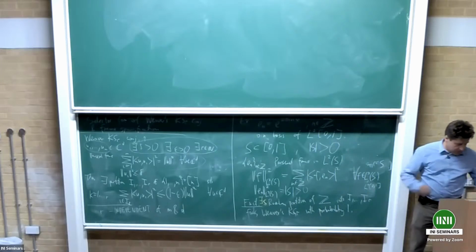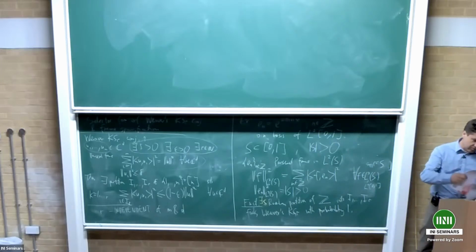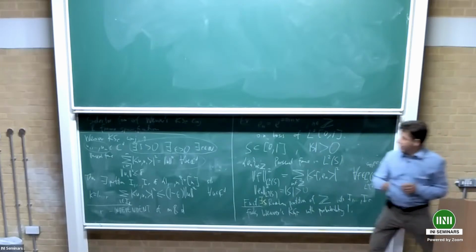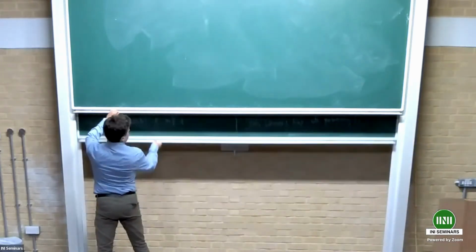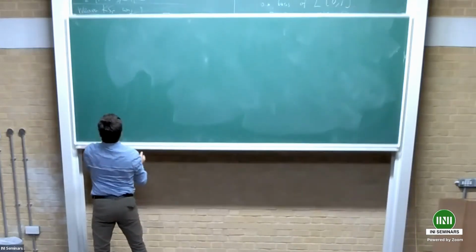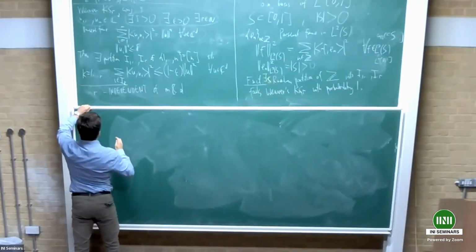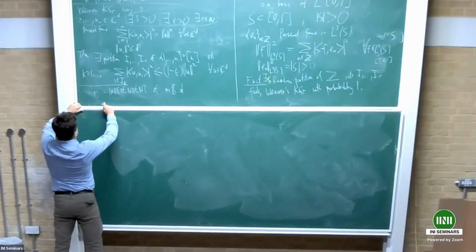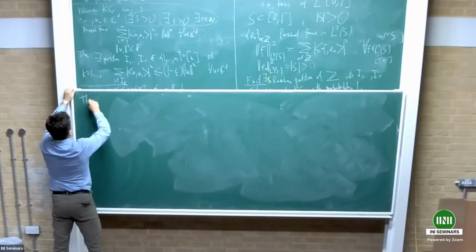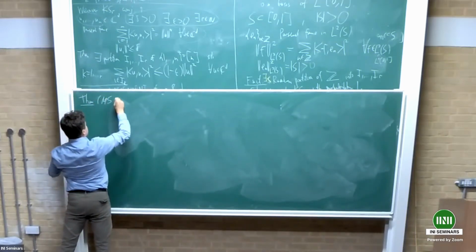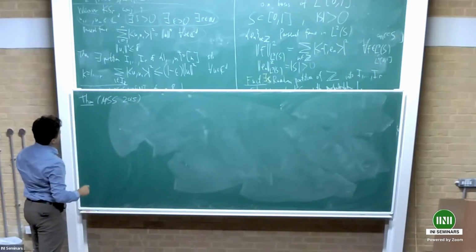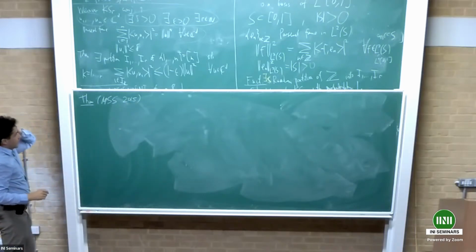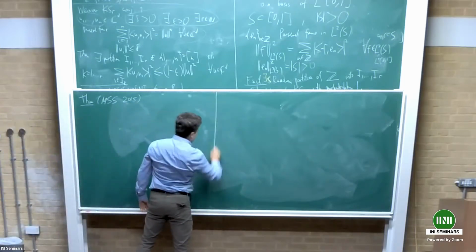So Weaver's conjecture is true, and how is this shown? Let me formulate this as a theorem. This is Marcus, Spielman, and Srivastava, published in 2015. I will formulate this in terms of random matrices.